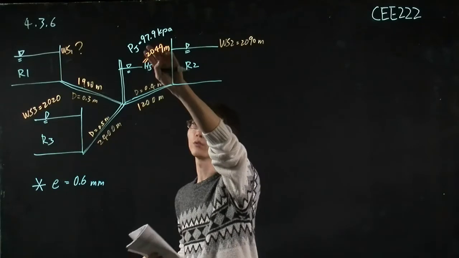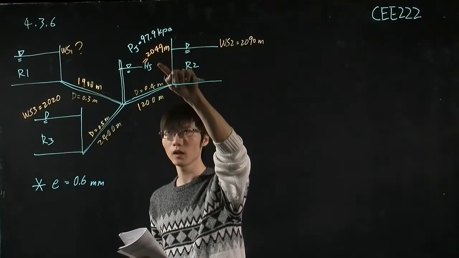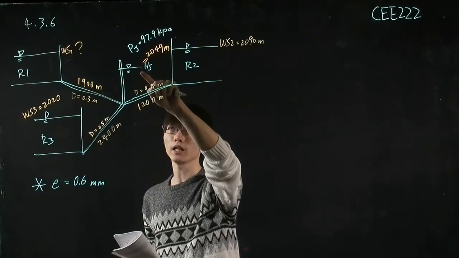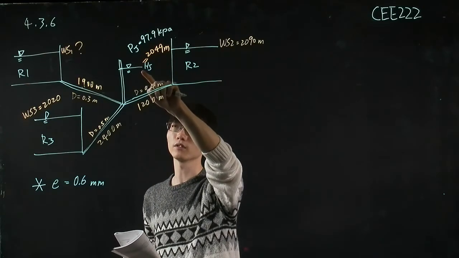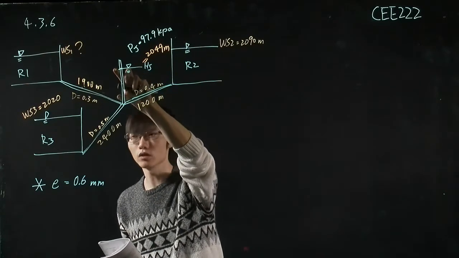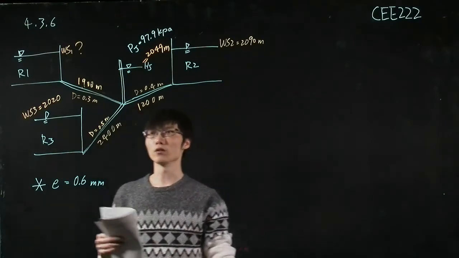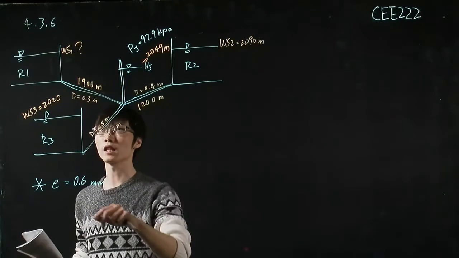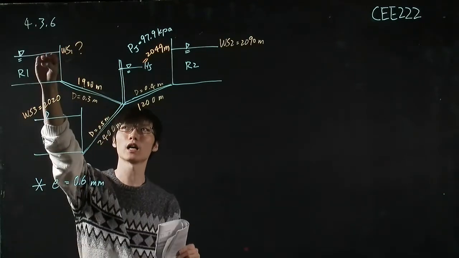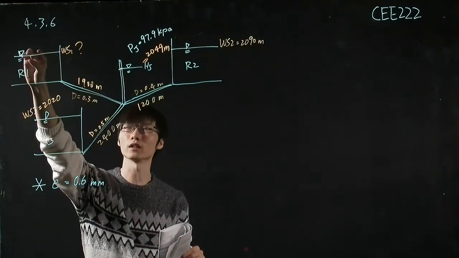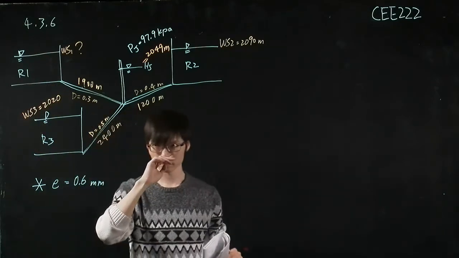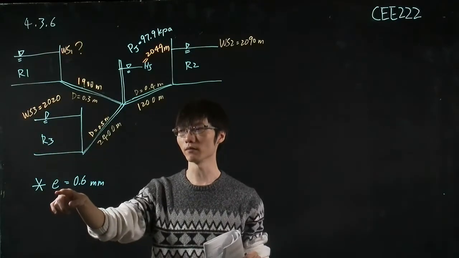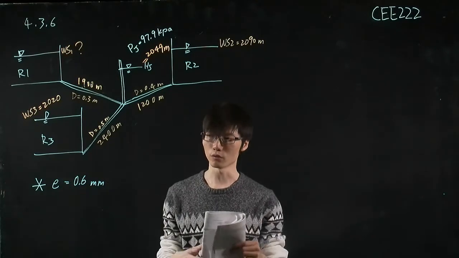We also know the pressure head and the water level height at this junction. So the only unknown is this WS1, which is the height of the water level in reservoir 1. And all the pipes in this problem have the roughness equal to 0.6 millimeter.